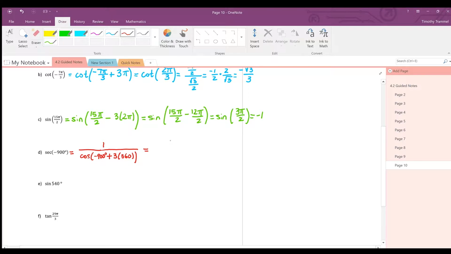So this turns into 1 over cosine. Let's write that a little bit neater though. Cosine. And if we do the minus 900 plus 3 times 360, that's going to give us 180. And cosine of 180 degrees, let's go peek. You should be able to maybe visualize this one. 180, right, is on the negative x-axis. Okay. And if we're looking for the x value, that would be minus 1. So we have 1 over minus 1.